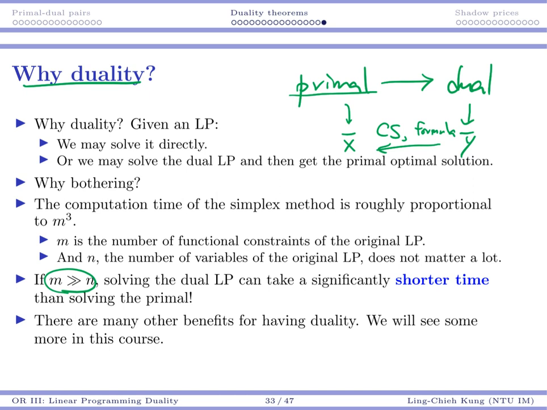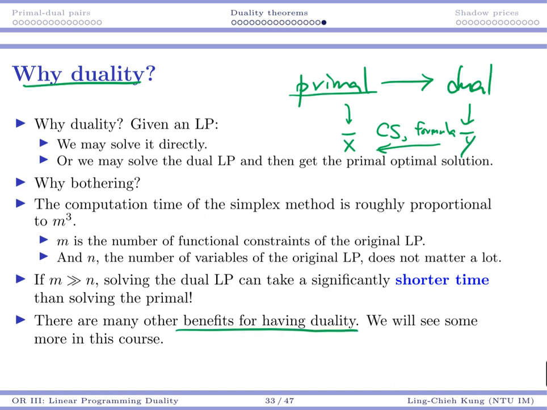On the other hand, solving the dual may actually save a lot of time, because in your dual program, the number of variables would be a lot, and the number of functional constraints would be fewer. That may actually save you a lot of time. Alright? So this may be just one reason to know duality and apply duality.